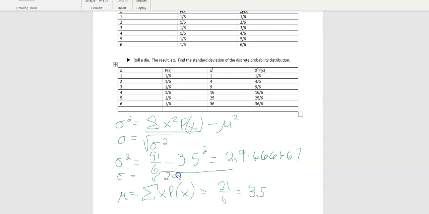So just going to take the square root of 2.91666667, and my actual answer ends up being approximately 1.7078251. And there we have it.